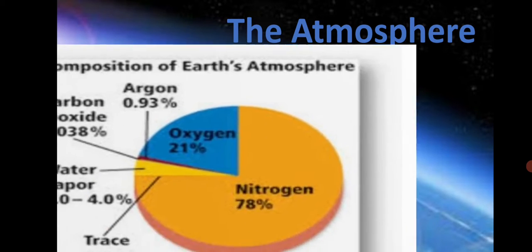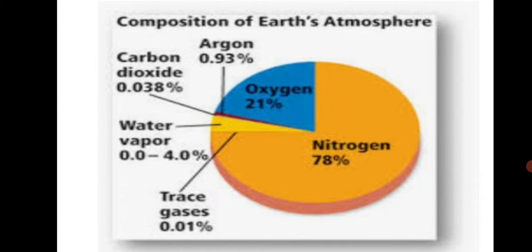The air consists of a mixture of gases, namely nitrogen, which is the maximum in the atmosphere, and oxygen, which is 21%, water vapor, carbon dioxide, and some other gases like argon and so on. The other gases are in very small quantities.